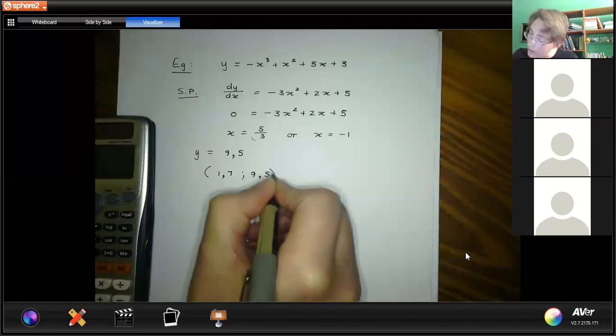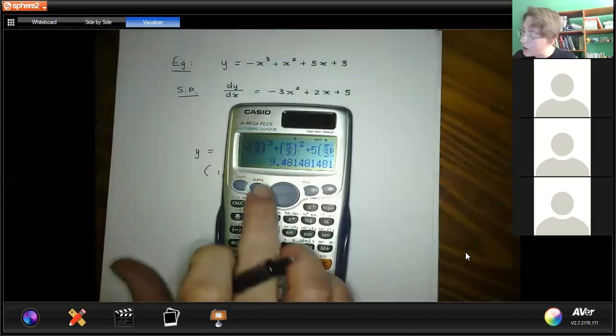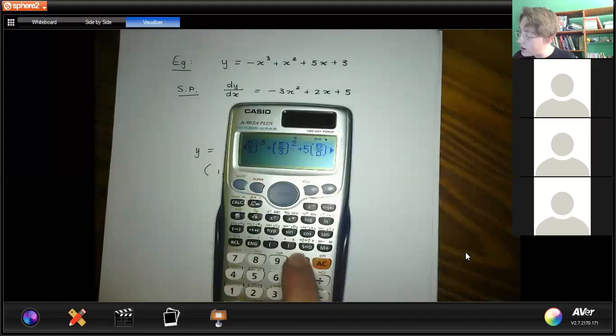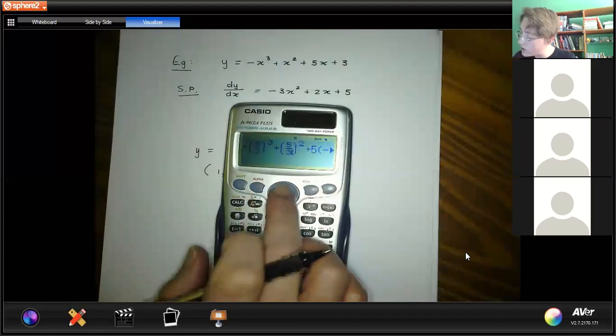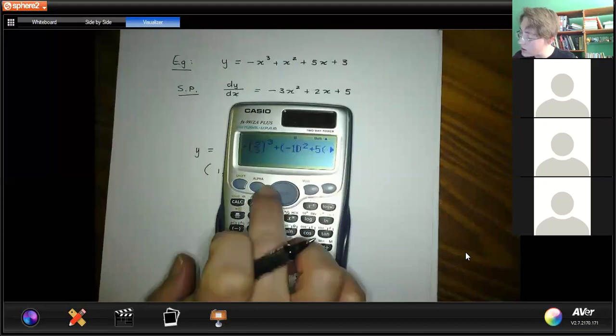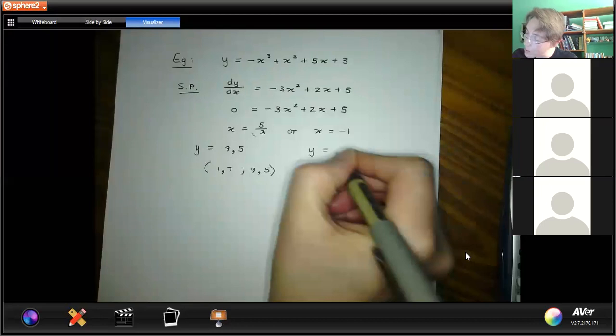And then for this one, I put -1 in. You'll notice I haven't cleared the screen, because I can go back and delete all of these 5 over 3s and then just substitute with -1, which makes it slightly faster. So it's -1. And then I end up with 0. So that's the point -1, 0.